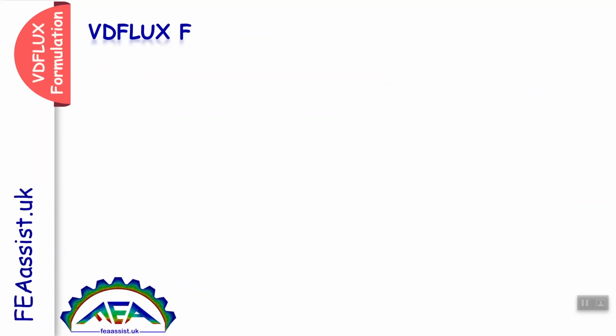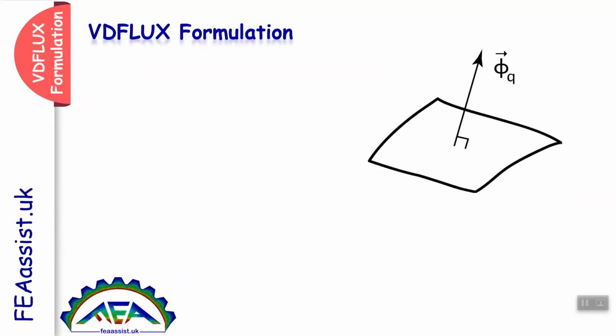VDFlux formulation. Before going to the details of the formulation, you need to understand the meaning of flux. What is energy flux, heat flux, or mass flux? Flux in heat means the amount of heat transferring through a unit of area in a unit of time.